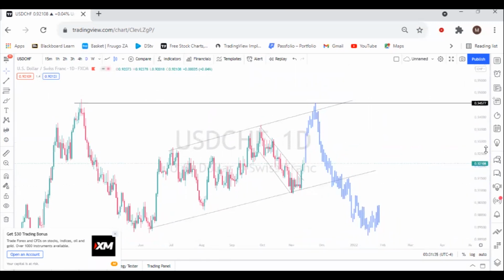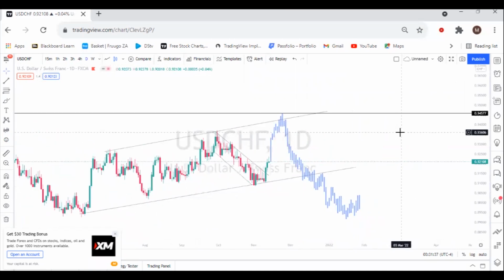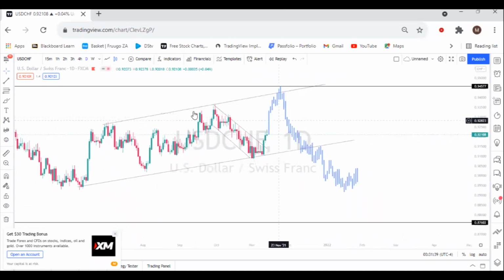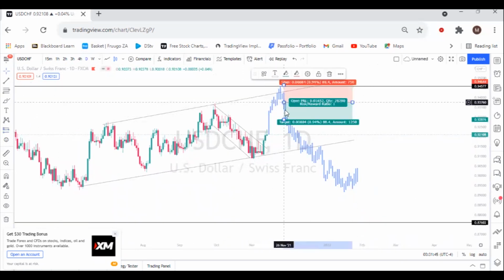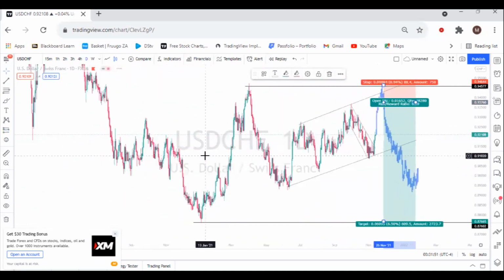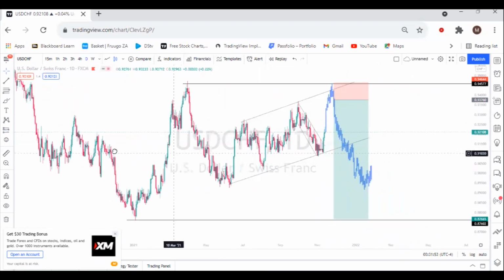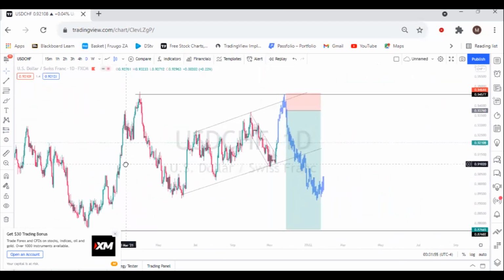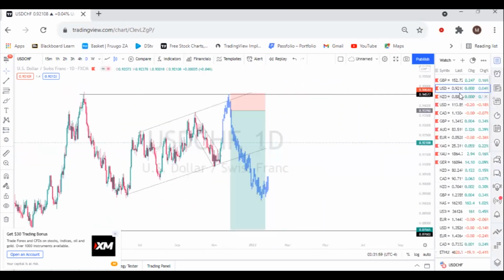We're just waiting for the market to buy to our third touch so we can sell. So here's our short pattern. So that is the setup for USD Swiss franc. So moving on to our third chart.